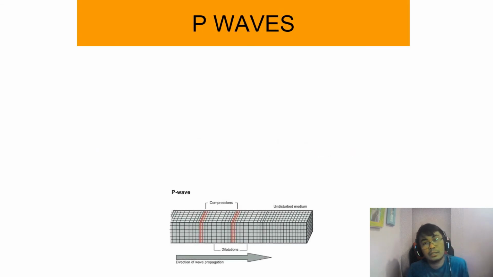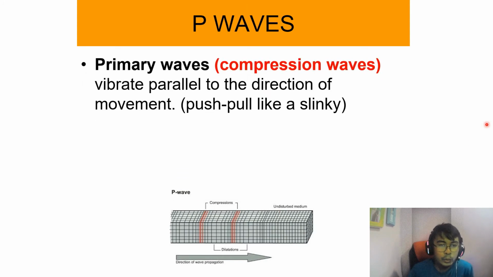The P waves. Okay? So for P waves, that is actually the waves that vibrate parallel to the direction of the movement. Okay? So hindi natin to actually nakikita, right? But okay, in terms of movement, this is how we illustrate primary waves. So yung primary waves, you try to imagine the movement of a slinky when you try to push and pull it.